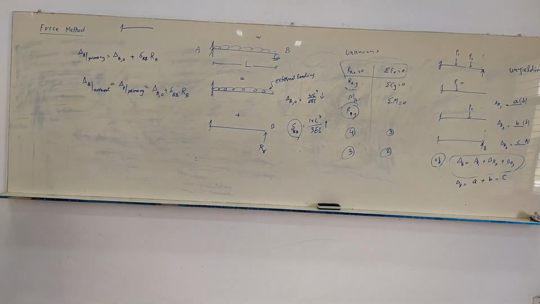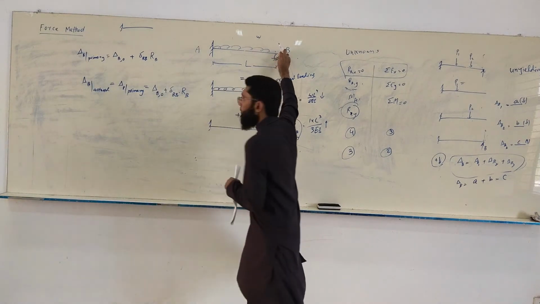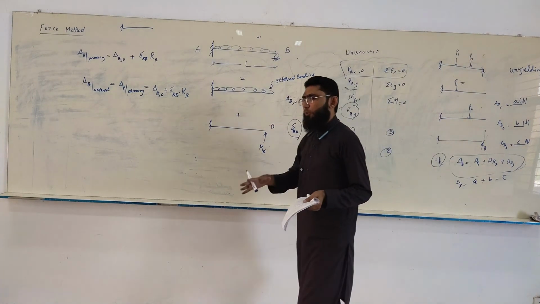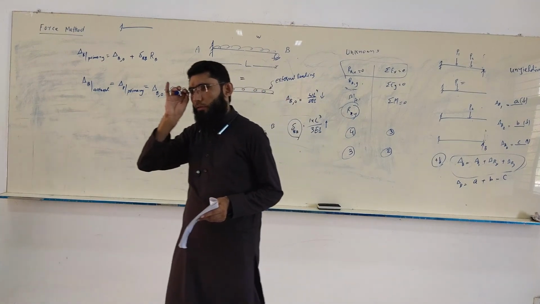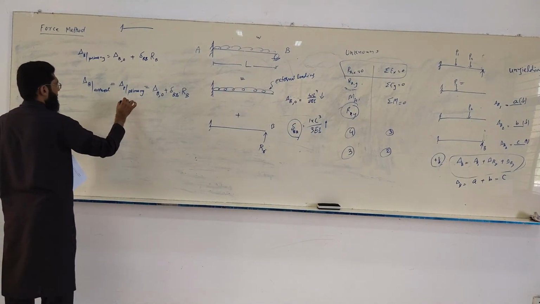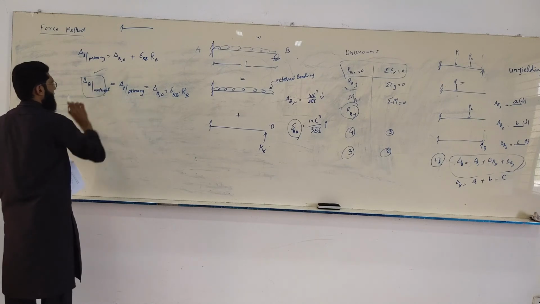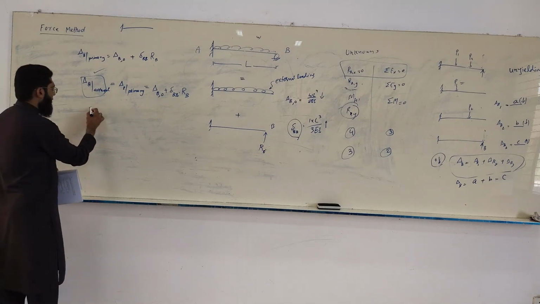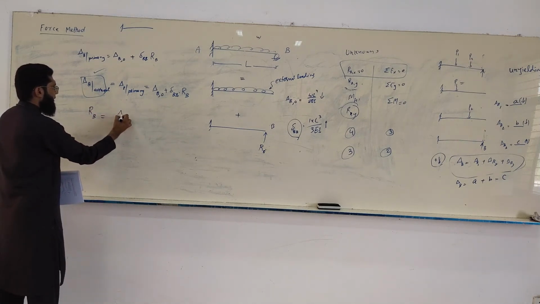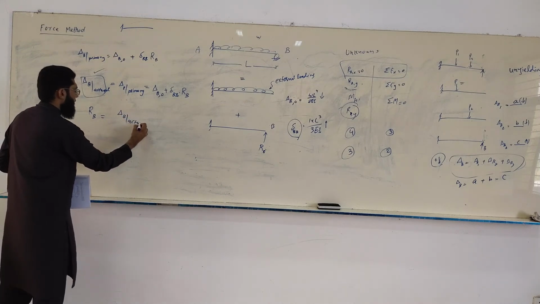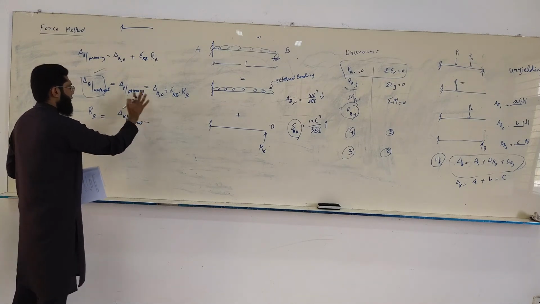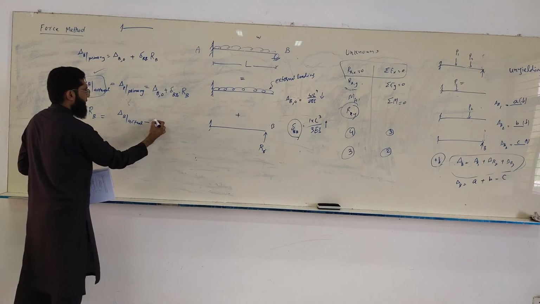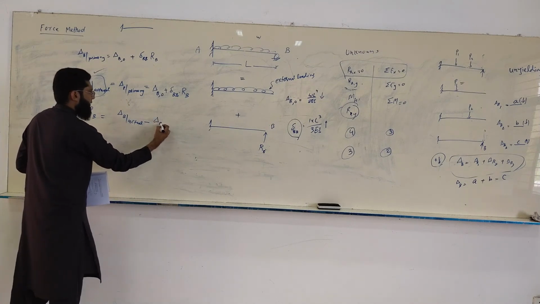Now, if delta actual in this beam is known to be 0, for example, because there is an unyielding support, or whatever displacement is given to you, this term would be something known to you. So I could write it down like this: RB would be delta B actual minus delta B naught.